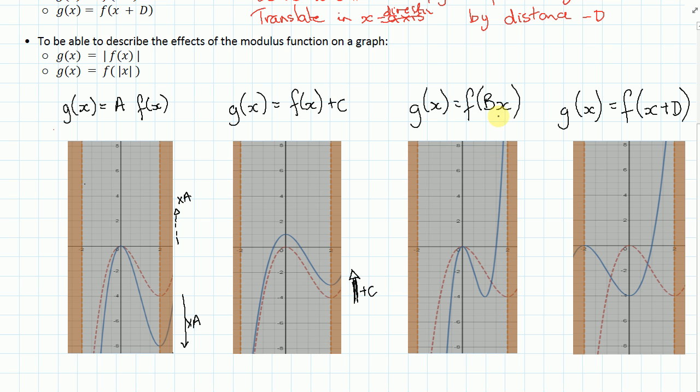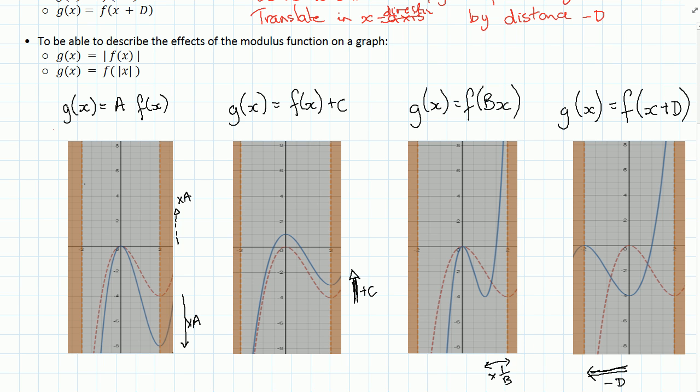When we come into multiplying, what we actually have here is the x direction is multiplied by 1/b, so it would halve in this case. So this b is 2 and this is halved, and this one moves everything in a definite direction of -d value. Okay, so that's the summary of those graphs.